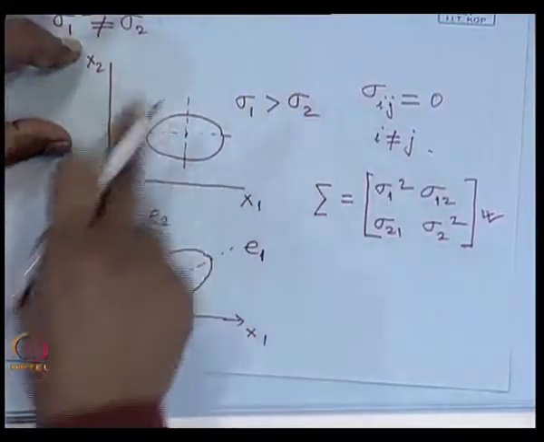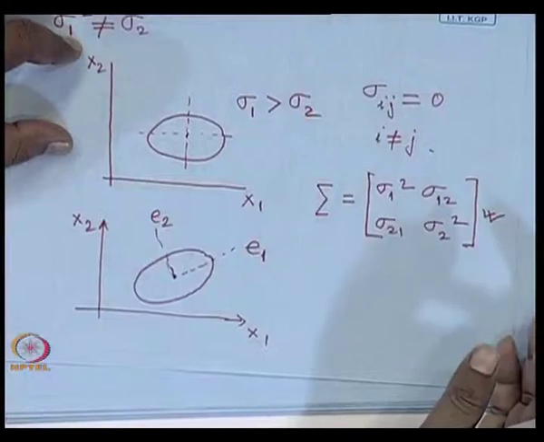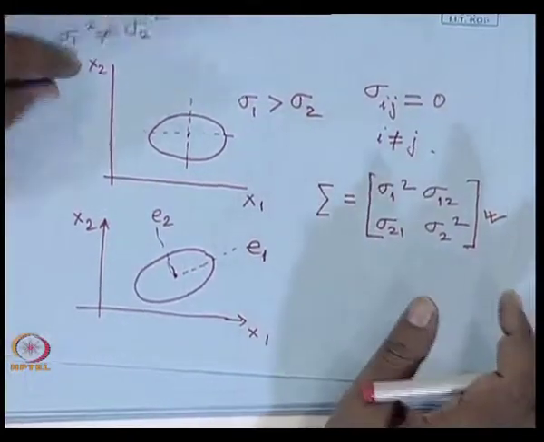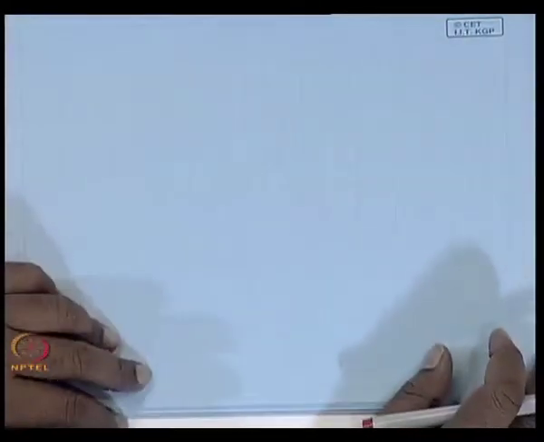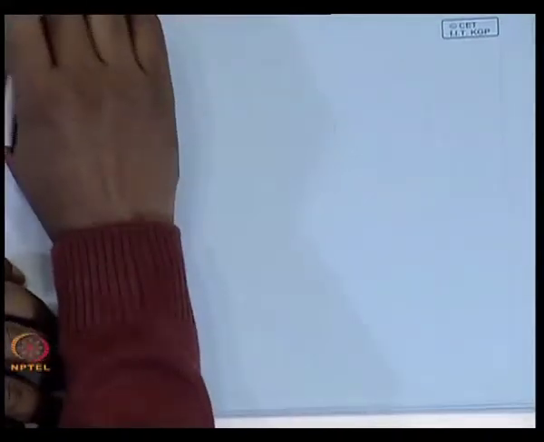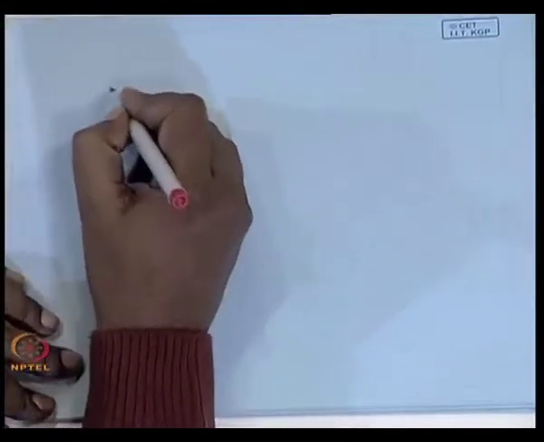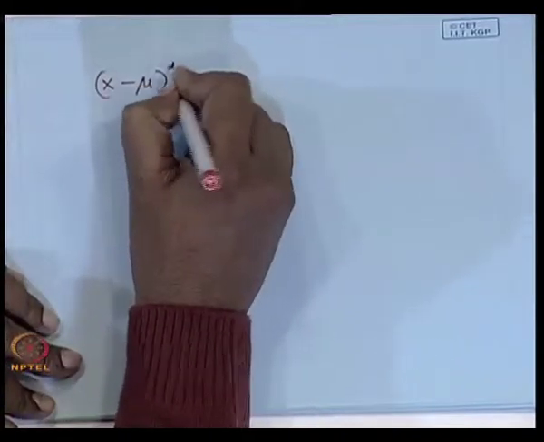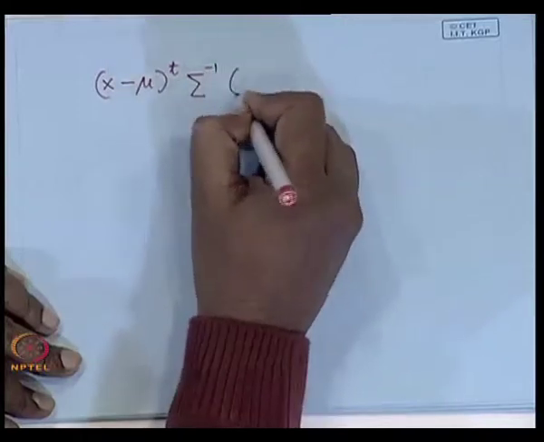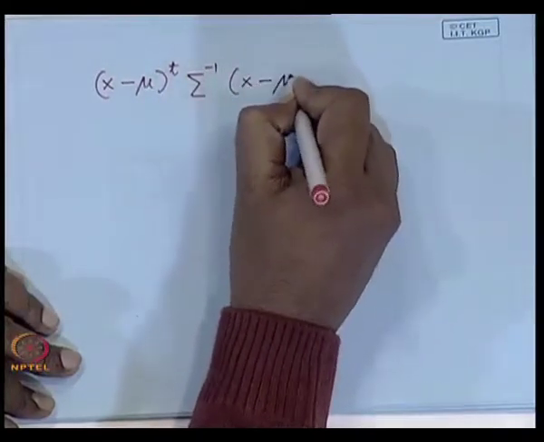Okay. So, over here, as in this case, the loci of points of constant density form ellipses. In multidimensional space, the loci of points of constant density form ellipsoids. Okay. And this ellipsoid will have a quadratic form, which is given by x minus mu transpose sigma inverse into x minus mu.